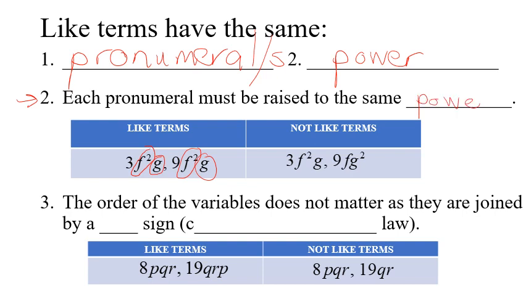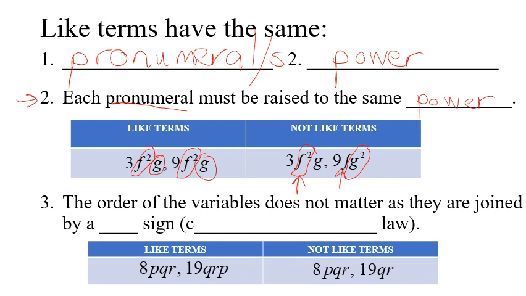So if we look at the next example that looks awfully similar, we have an F squared here, but in the second term, only the G is being squared. So instead of having an F squared in both terms, in the second term, it's only an F. And that's a problem because each pronumeral must be raised to the same power.